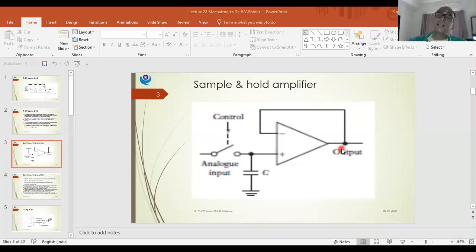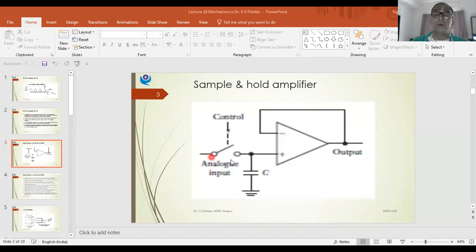We already discussed how the A to D converter works. Beyond this, my A to D converter will be there. Now, when I'm supplying this analog signal, let us say 3 volt, my ADC, whose sampling frequency and sampling time are preset, accordingly this switch will be put on.